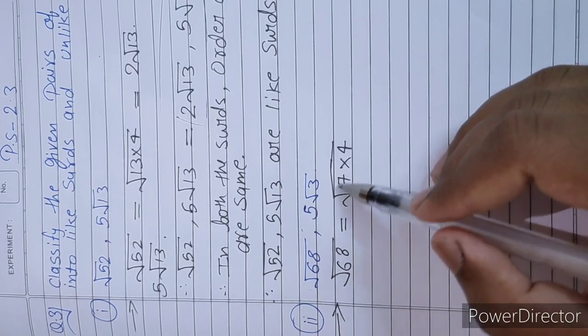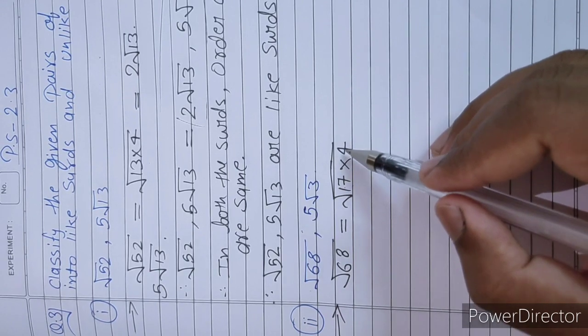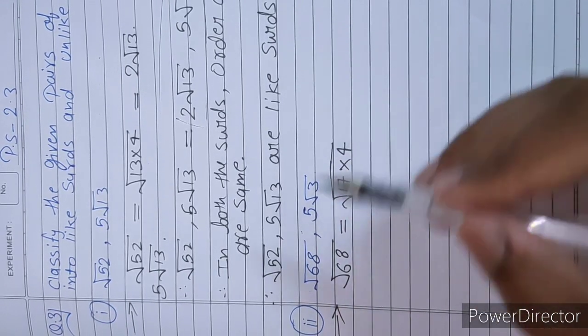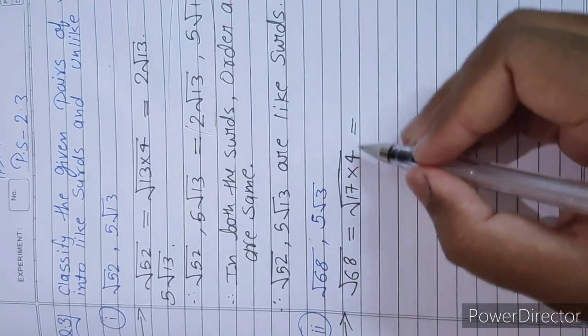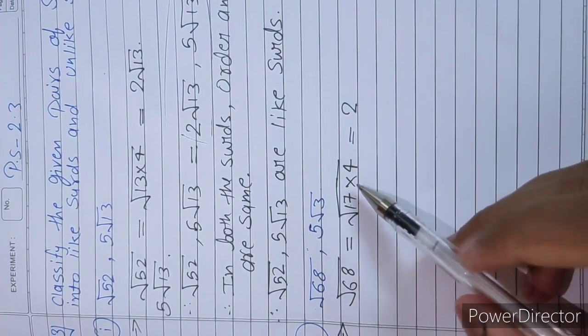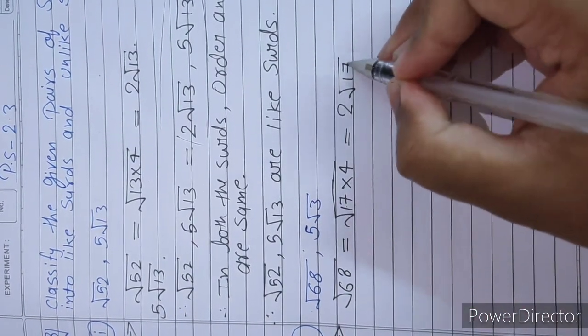So we will write root 17 as it is, and put root 4 outside the root in the form of 2. Root 4 can be written as 2, because the square root of 4 is 2, and root 17 we will write as it is.